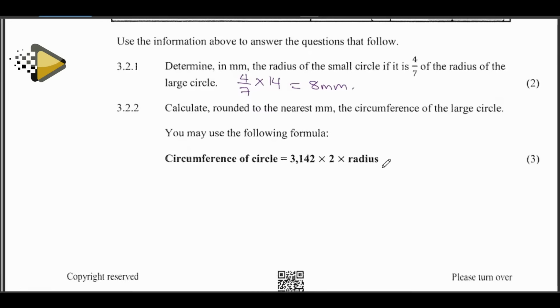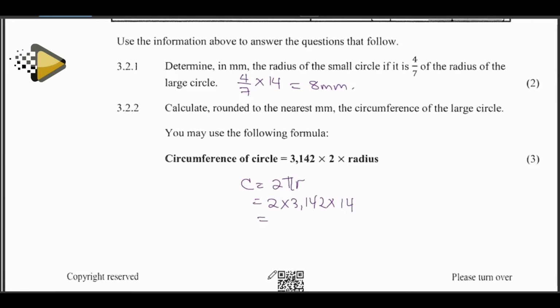Calculate, rounded to the nearest millimeter, the circumference of the large circle. Circumference always equals what? 2 pi r, meaning 2 times 3.142 times your 14. You still get the same answers even though you use the formula here.